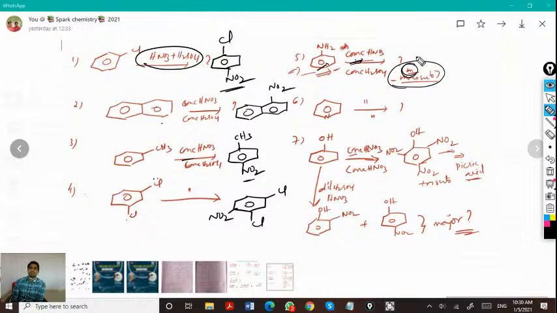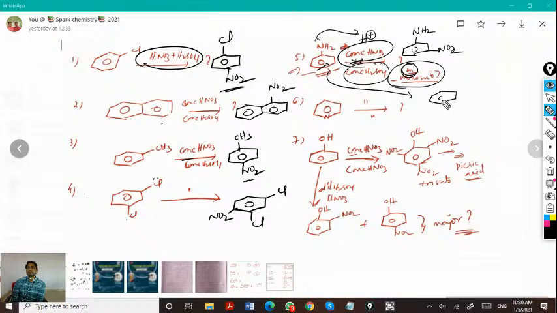Okay, so here the main reason for the product, meta nitroaniline, is that we are treating with the acid mixture which donates H plus. The amine is a nucleophile, a Lewis base, so it can abstract the H plus to give the anilinium ion, NH3 plus.